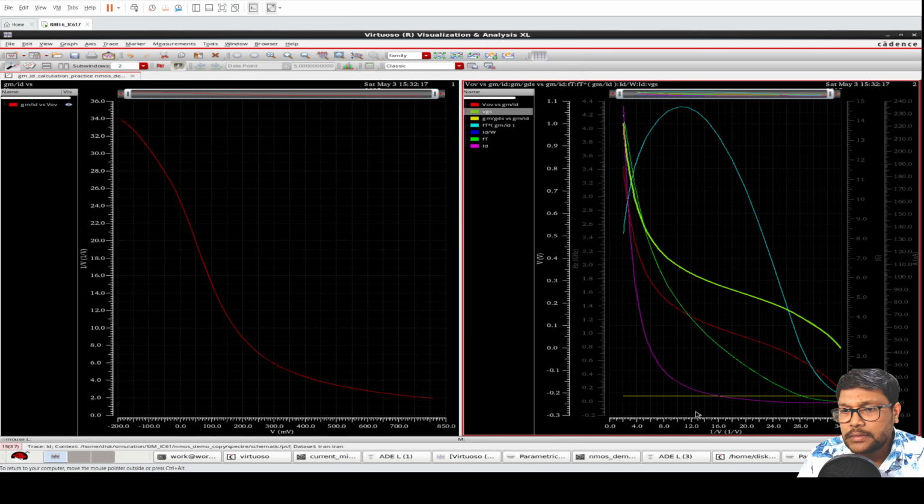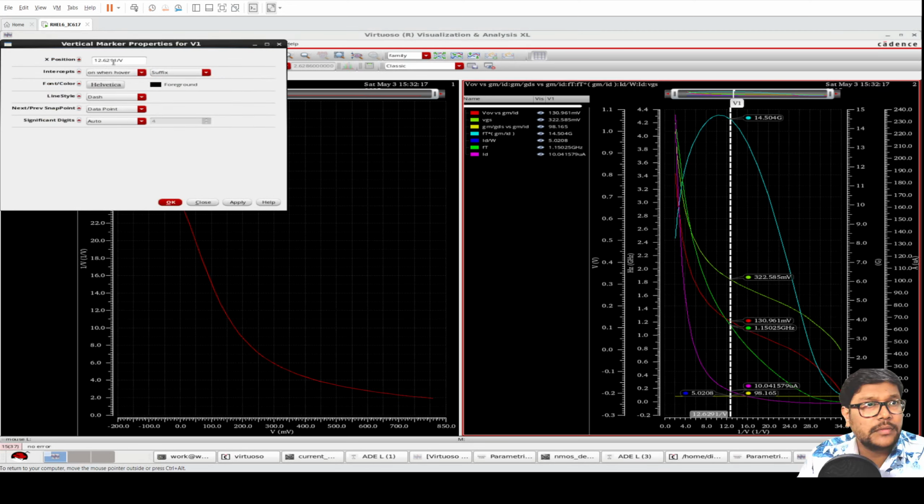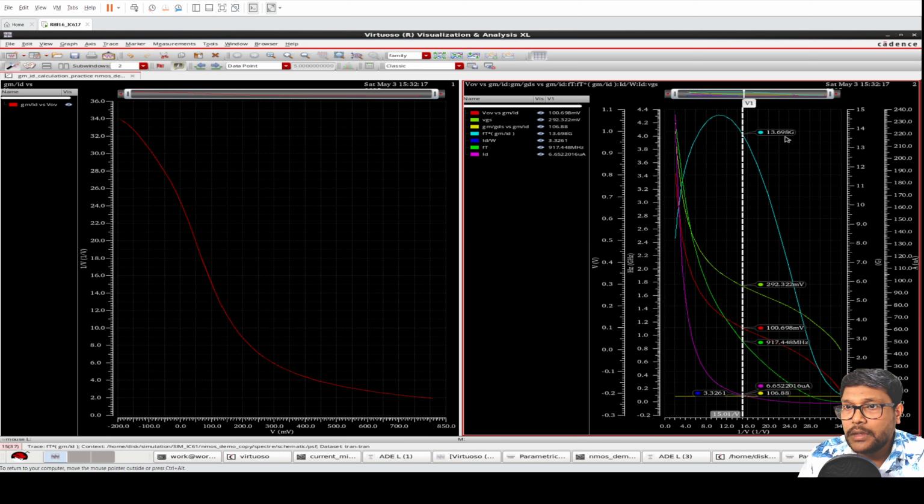So if I put 15 here, I should get all the values. Frequency, VGS is 292, and 100 millivolt of overdrive we are getting. VGS minus VTH, good.